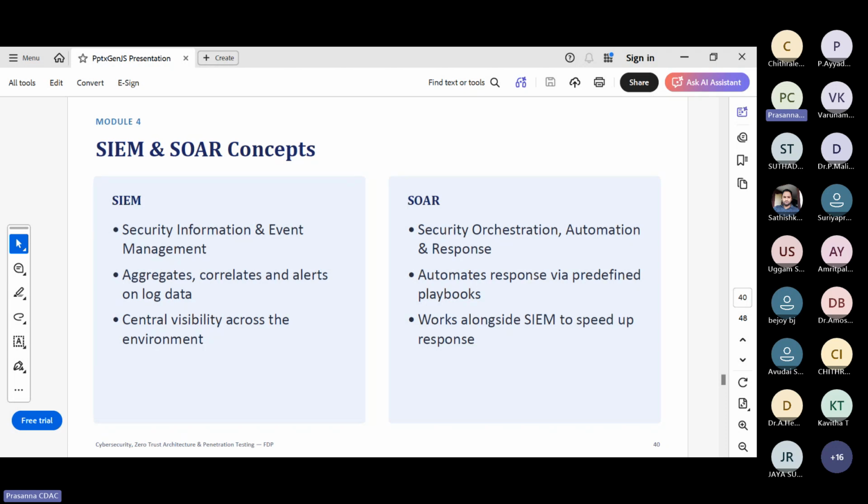In the case of SOAR, the action is taken by the system itself. Suppose there is an uploading of data from the Panimalar campus to the outside world, and the SOAR is able to see that at 10 p.m. there is a huge volume of data being uploaded, and it finds that this is abnormal.